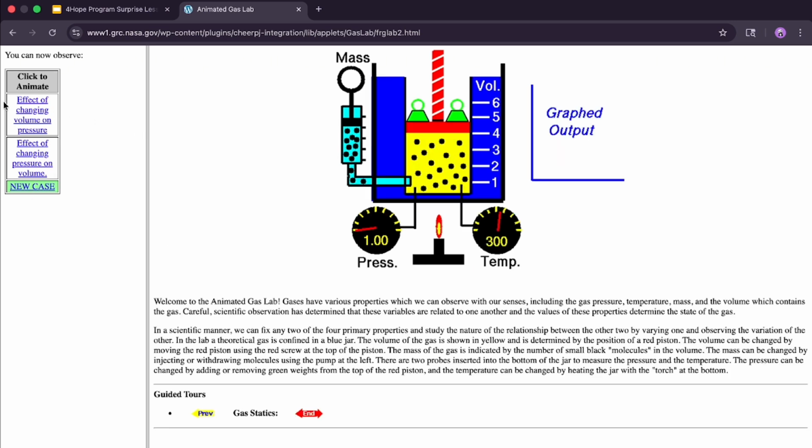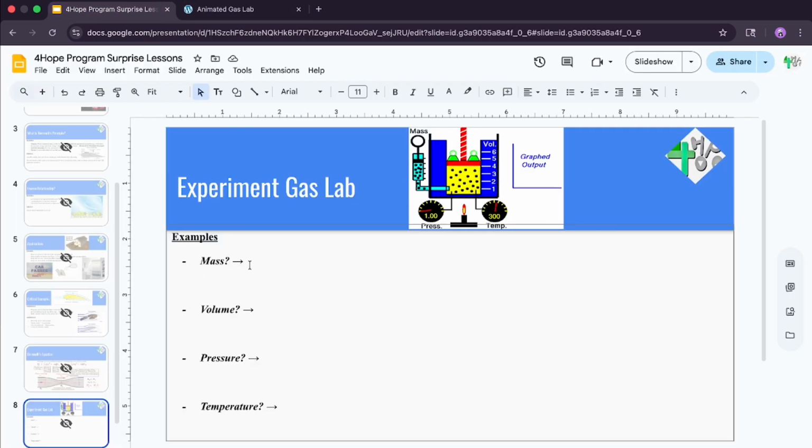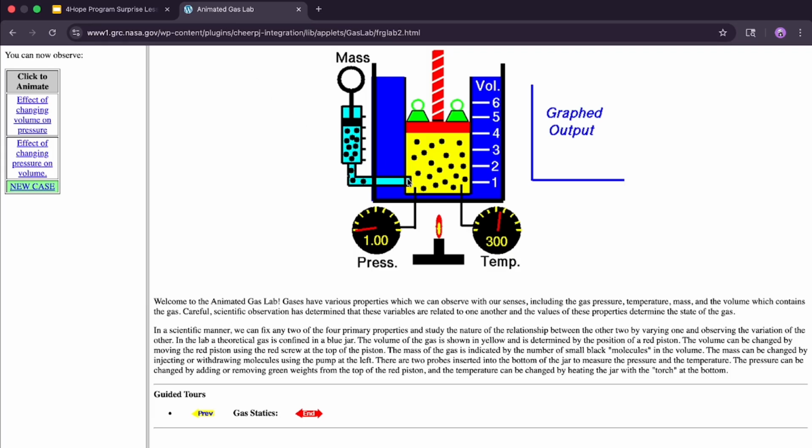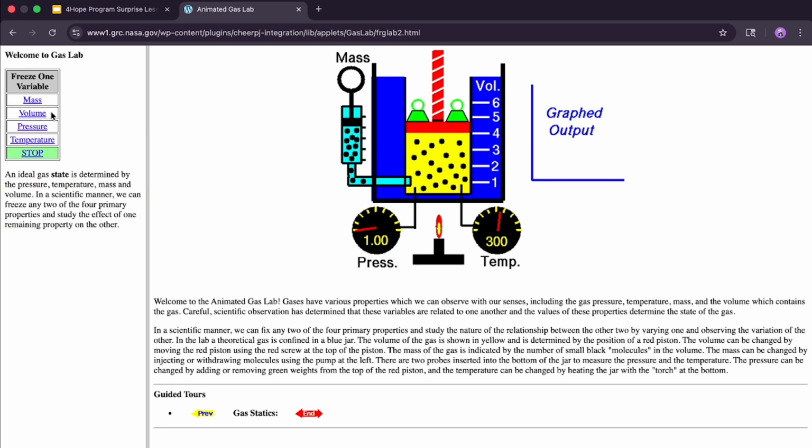So we can make some claims here, for sure. Mass has an effect. You can see based on this that it has an effect on volume. It doesn't really have an effect on pressure nor temperature between these cases.